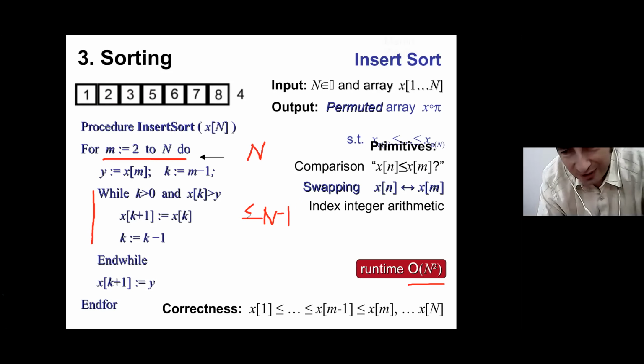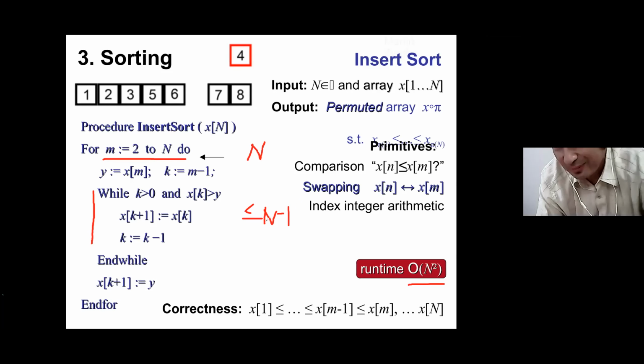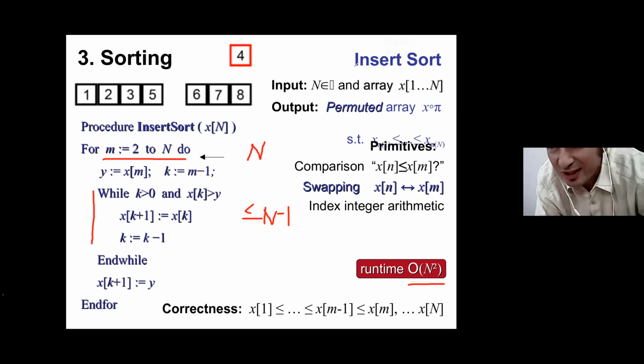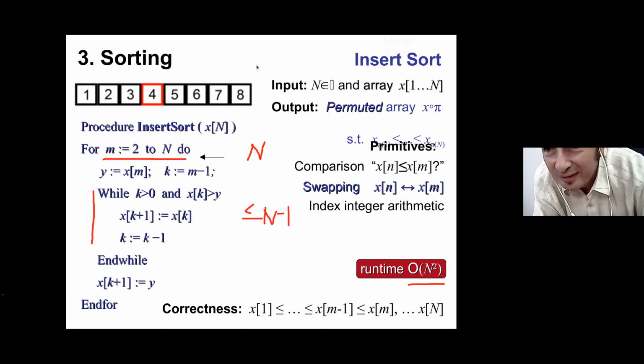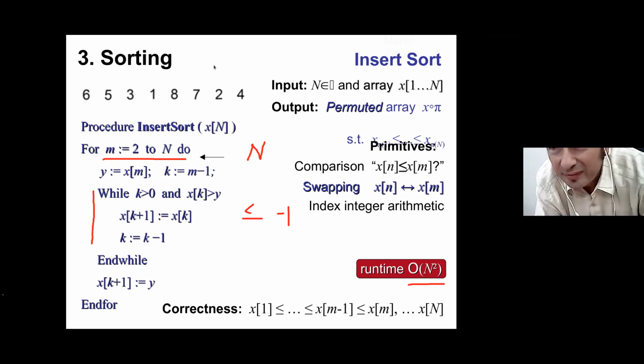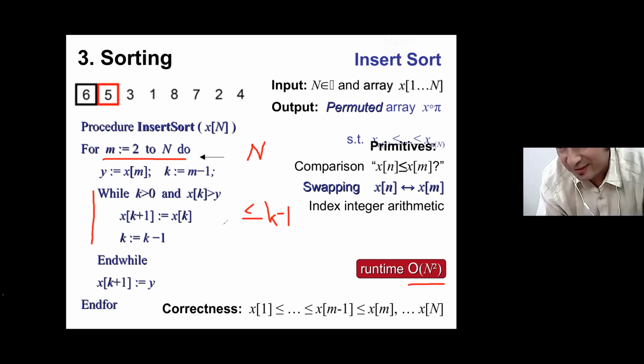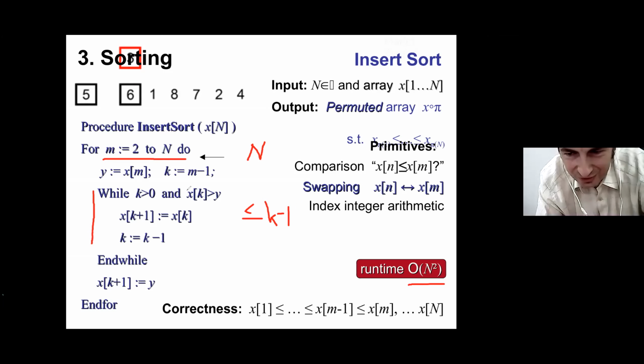You cannot avoid, in general, having something proportional to, maybe I should write this more precisely, k here. But if you have a very large number of iterations of this inner loop, you will still get something quadratic. So you have n times n plus 1 plus until 1. So this is still quadratic.